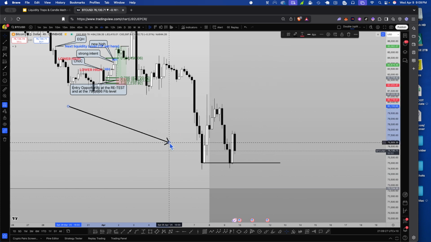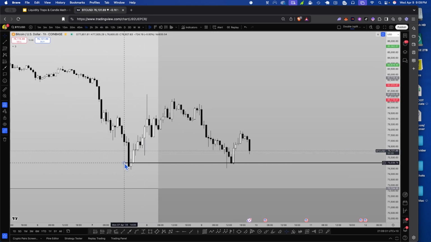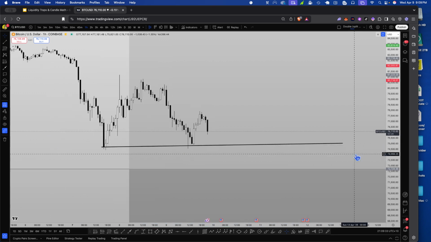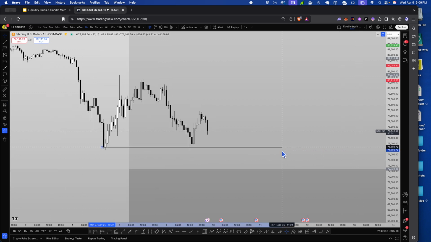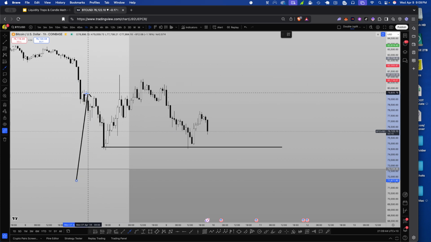So this is on a 4-hour, and then on a 1-hour, very much the same. We actually failed to close even below. So confirming what we just talked about, low, high. You can argue that this was potentially a structure. I don't think this was a structure.